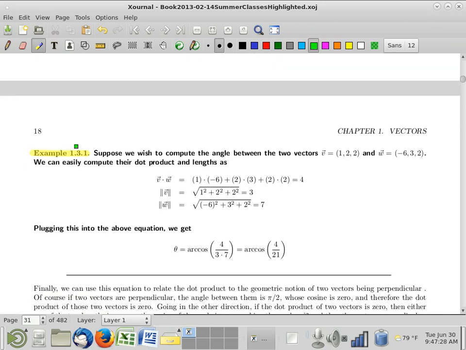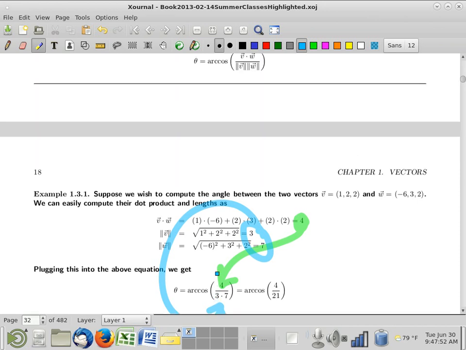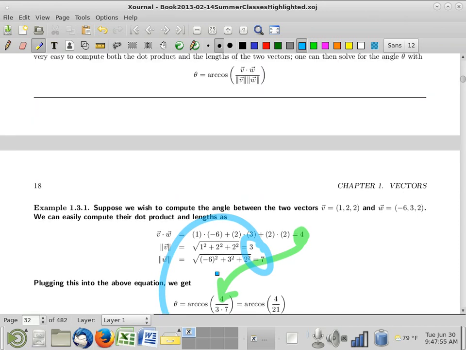Here's a quick example. A couple of vectors. Let's compute the angle between these two vectors. Notice all I do is compute the dot product and the magnitudes, and I take those three numbers and plug them into the formula that we just proved.